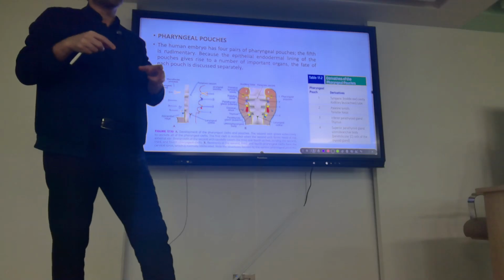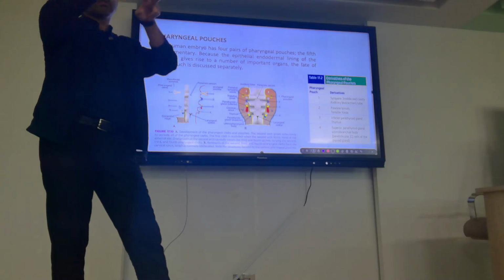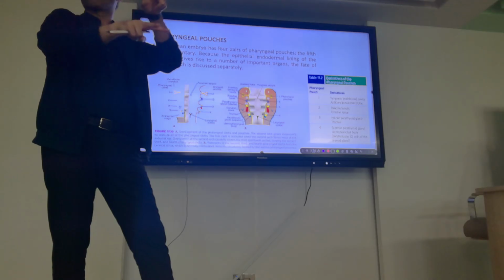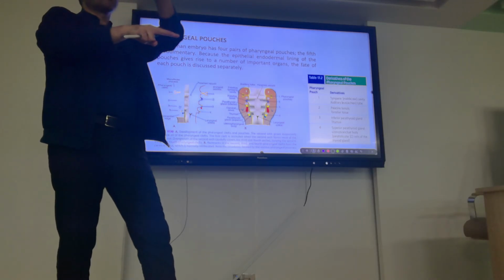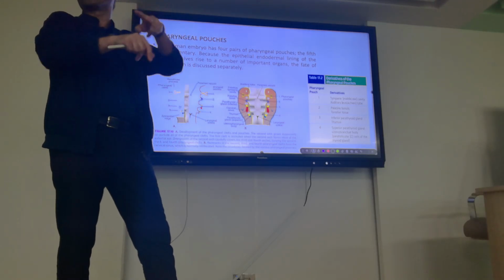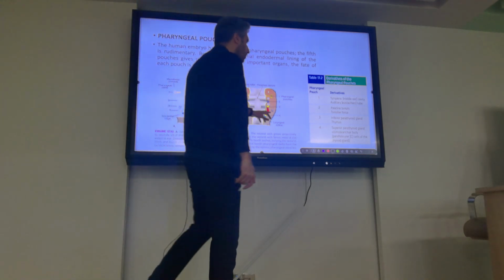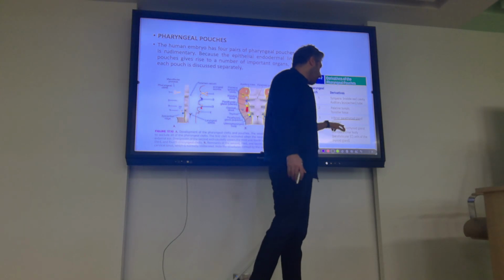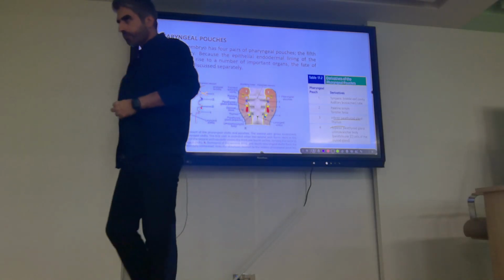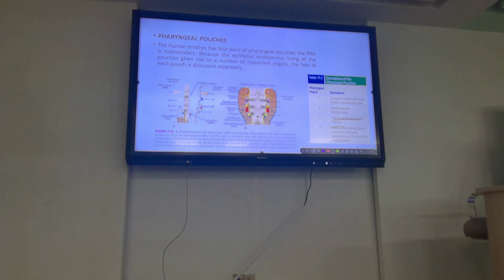For this reason, they need to migrate first. So the third pouch makes the inferior parathyroid gland and goes to the location. Then pouch number 4 makes the superior parathyroid gland. So the third pouch makes the inferior parathyroid gland and thymus gland.